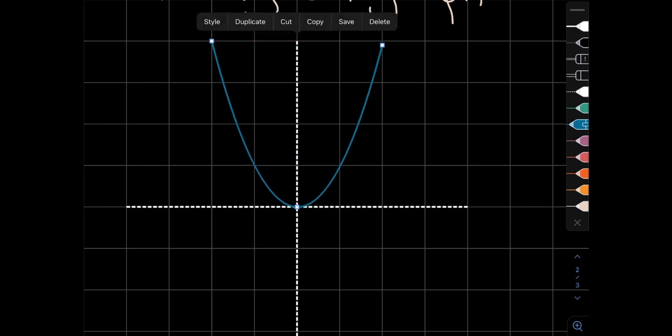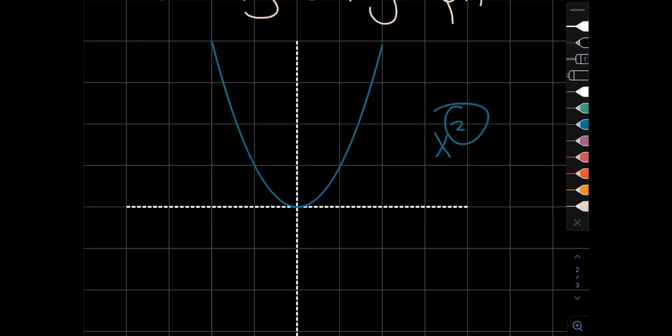You can actually determine how many zeros or solutions to the equation it has by how many times it touches the x-axis. And a parabola is going to maximally touch the x-axis only 2 times, and you can tell by the degree. X squared is only 2 times. You can only have 2 solutions.